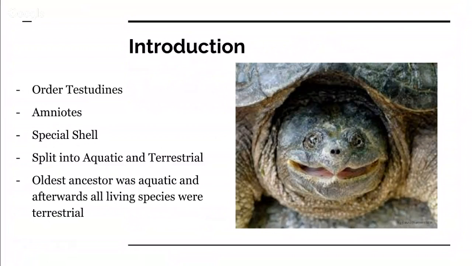So as you can see, the terrestrial and aquatic is a sort of homoplasy that went on and off. Not all the turtles came from the same aquatic ancestor and remained aquatic. You had the aquatics dying out and then new aquatic ancestors coming from terrestrial turtles.